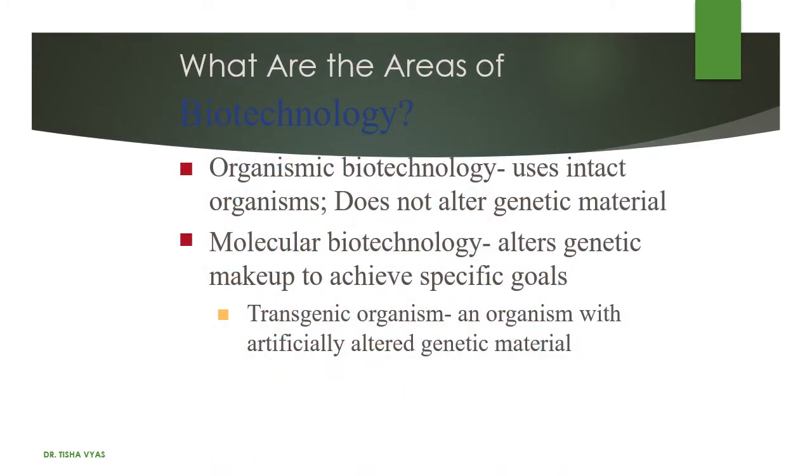Now, let us have a look at the different areas of biotechnology. Different areas of biotechnology basically means that different kinds of organisms are used in making manipulations. The first one is organismic biotechnology, which means the use of the intact organism as it is, and it does not involve the alteration of its genetic material.